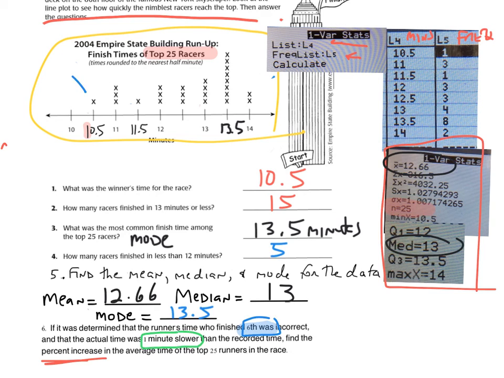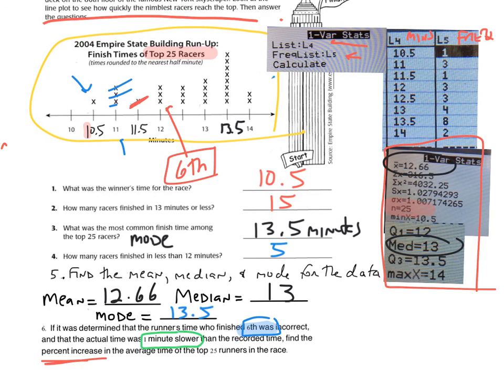Remember, the fastest runner was 10.5 minutes. So that person came in first. The people who finished with 11 minutes came in second, third, and fourth. The 11.5 minute runner came in 5th, which means one of these 3 12-minute finishers came in 6th.